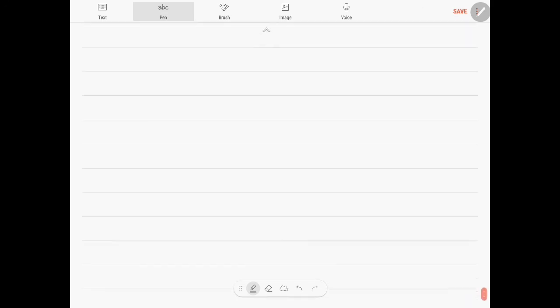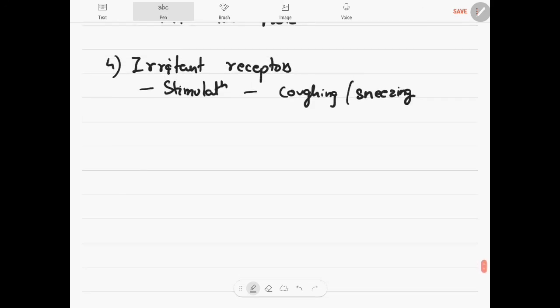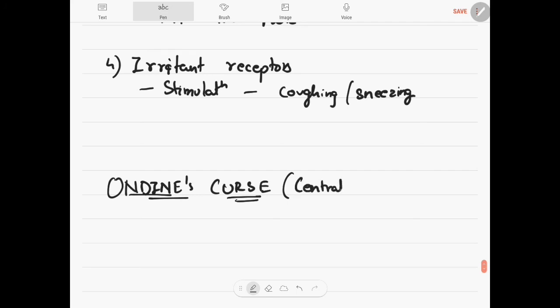One important or interesting thing is known as Ondine's curse, related to neural control of respiration. There is a Greek backstory, which is not important, but it is known as central hypoventilation syndrome.